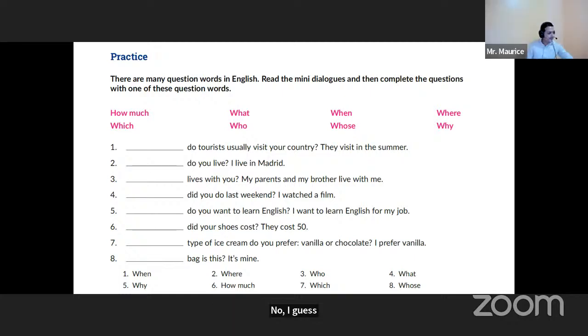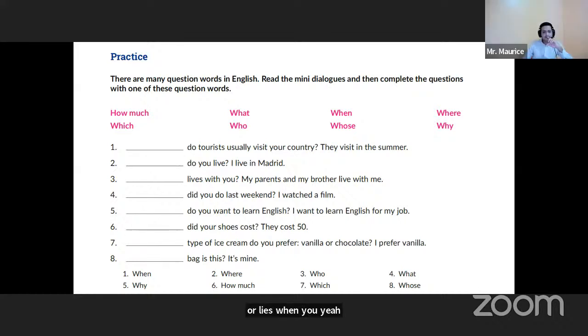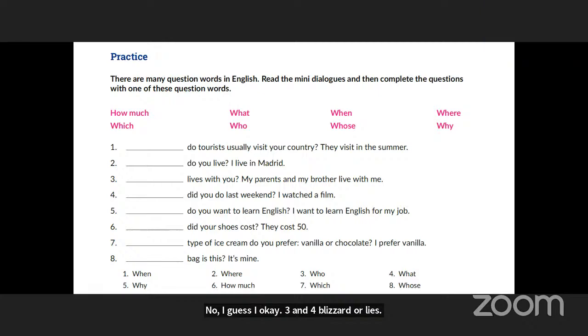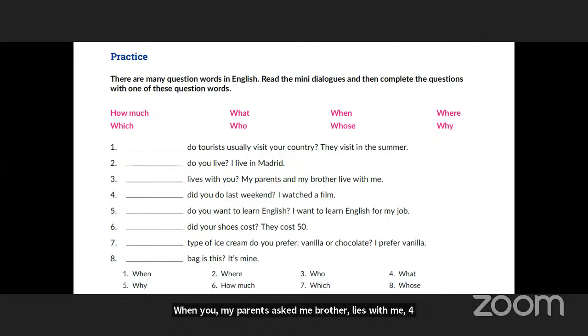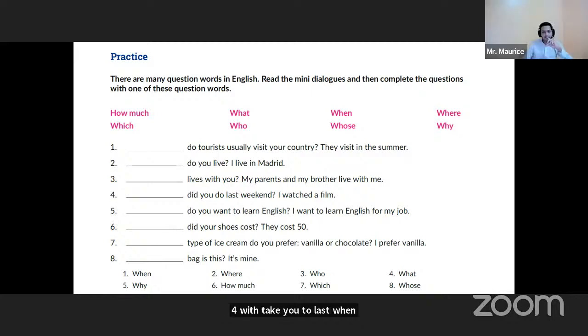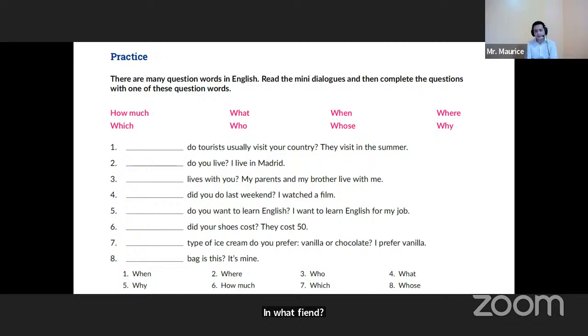Okay, 3 and 4, please. What lies when you? My parents asked my brother lies with me. 4. Which did you do last when? In what offense? Ok, Mason, en la número 3 y 4, como usted observa en la parte de abajo, ya están las respuestas.